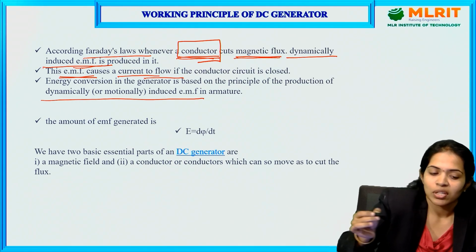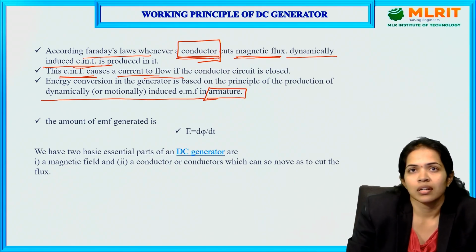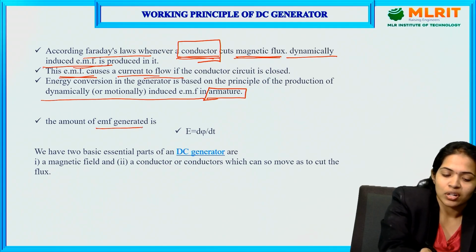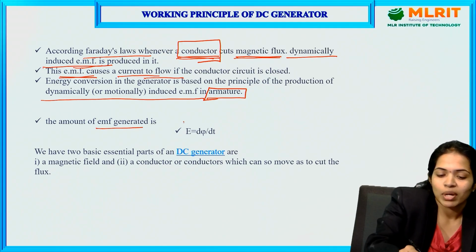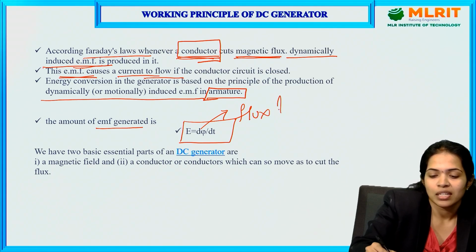These rotating conductors are placed in the armature of our DC generator, which we discussed in the construction of the DC generator. The amount of EMF generated is given by the equation E = dφ/dt, where φ is the flux linkage produced due to the magnet and t is the time in which the entire process has taken place.